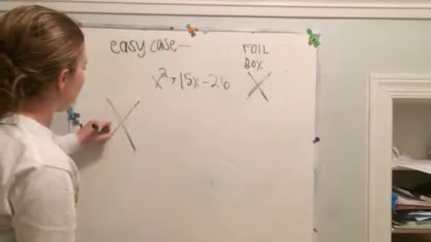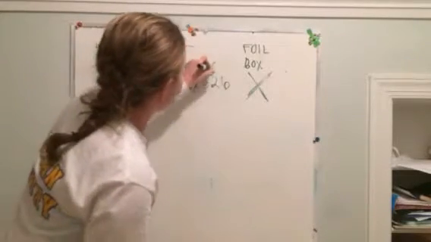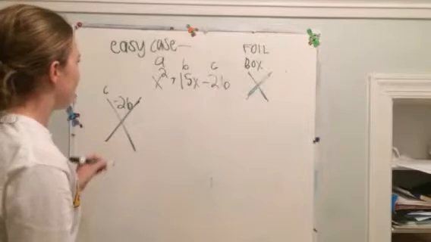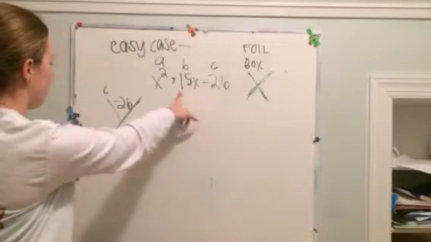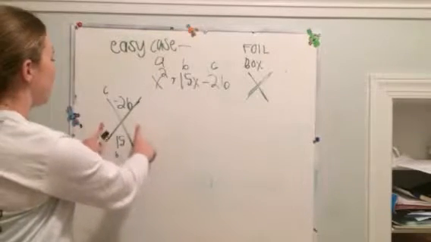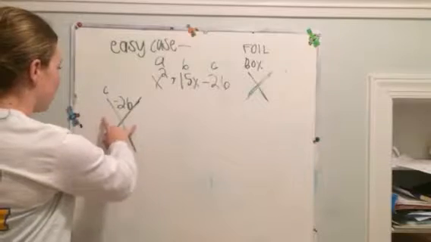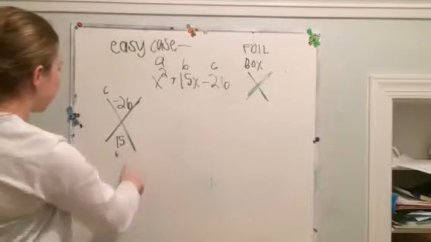So we're going to try the diamond method. This is A, B, and C. We know C goes up here, so negative 26, and B goes right here, so 15 would be right here. We have to figure out which two numbers equal negative 26 when multiplied, and what numbers equal 15 when added together.